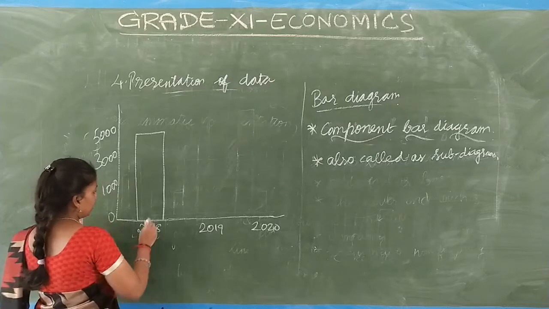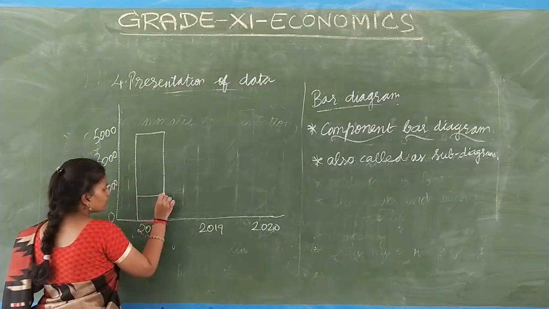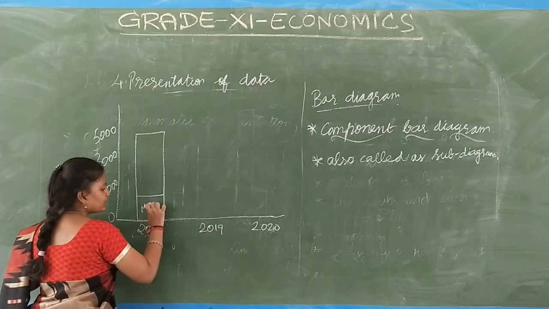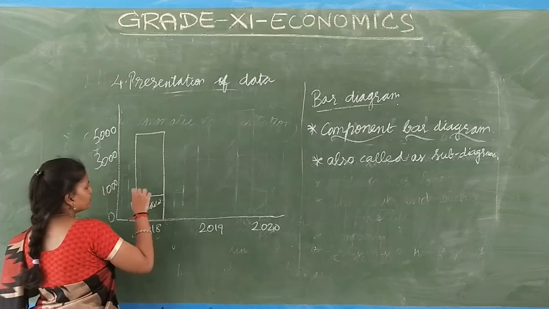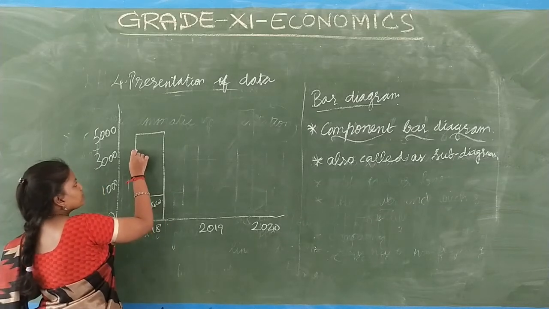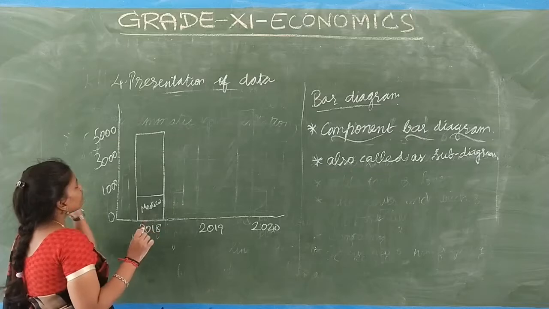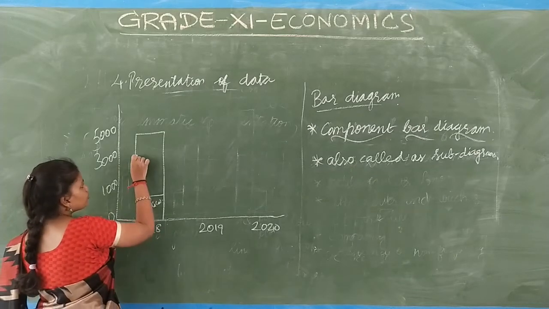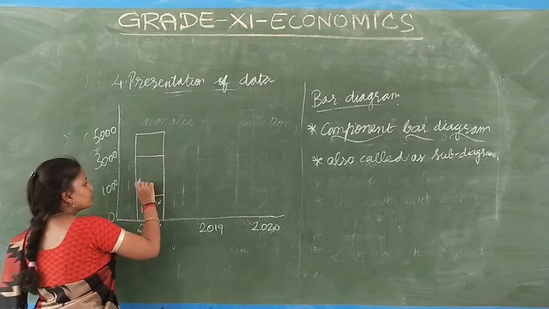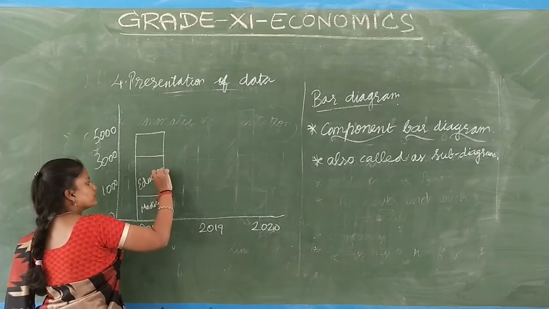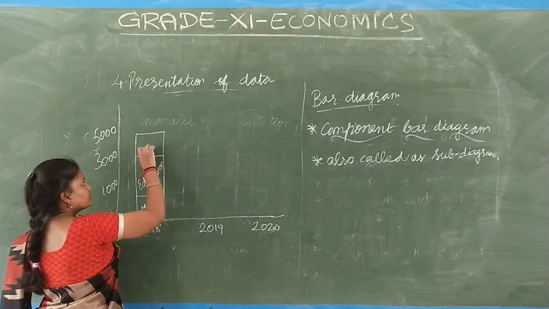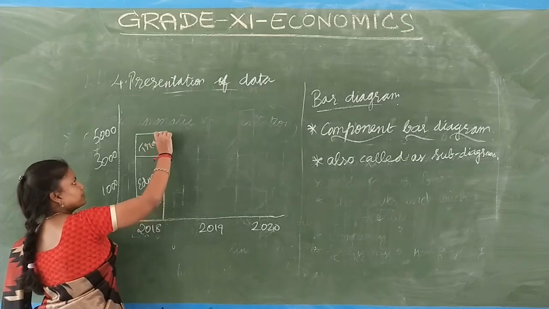In this itself, 500 rupees for medical, and from 500 to 3,000, that is somewhere around 2,500 rupees, you have spent for education, and this is for traveling.